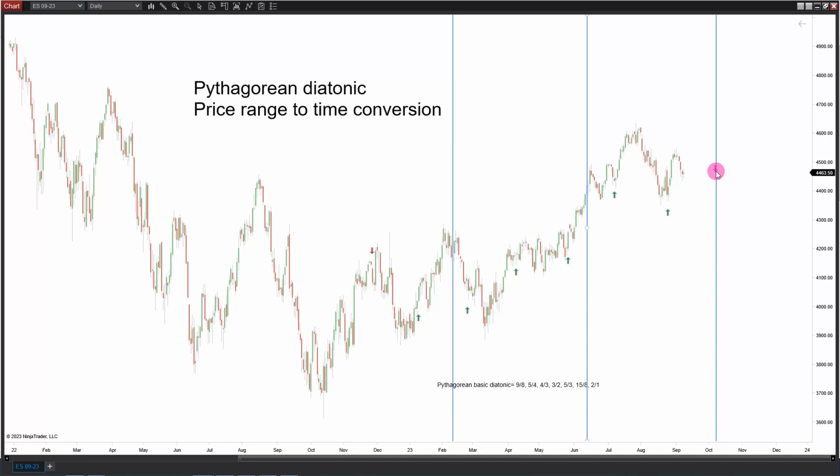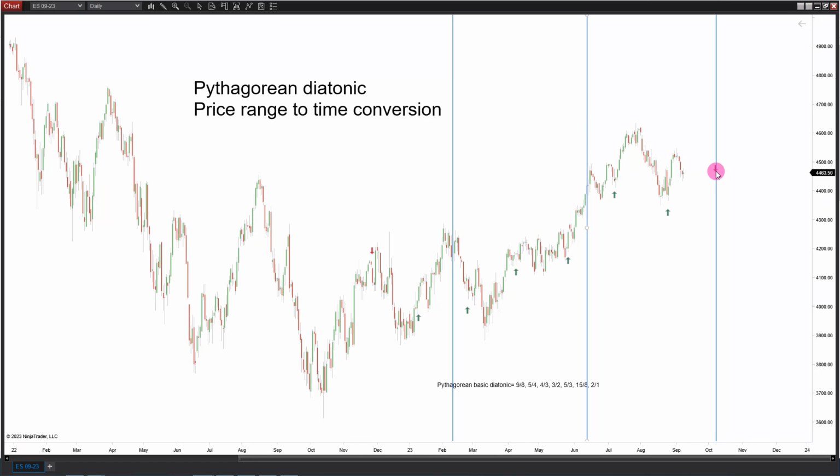That is an example of taking the low in price, floating the decimal to make it 3 digits, and then dividing by the eighths and thirds to give us time projections going forward. This is very simple, but it's the very basic building block and core concept for using the octaves.